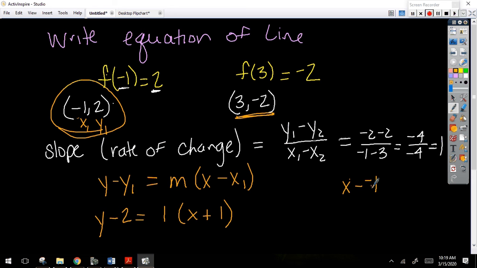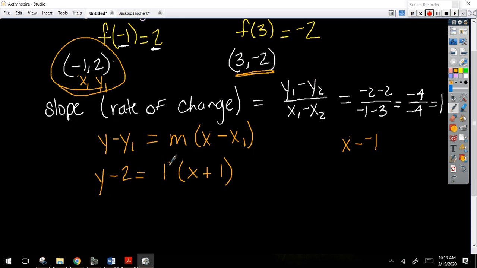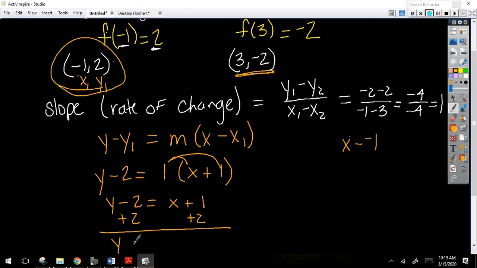What I want to do now is be able to say f of x equals, so I need to change it back to standard form. Remember we talked about the standard form of a polynomial. To do that, I want to distribute here. So I get y minus 2 equals x plus 1, and then solve it for y. If I add 2, I get y equals x plus 3.